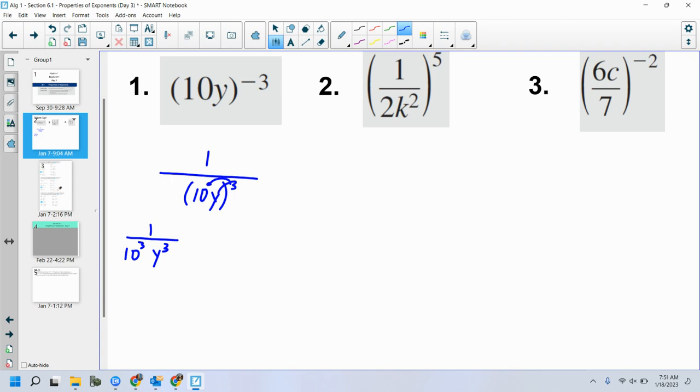Make sure that third power goes to the y as well. Now, 10 to the third: any power of 10 is just the 1 with that many zeros after it, so 10 to the third is 1,000. y to the third.